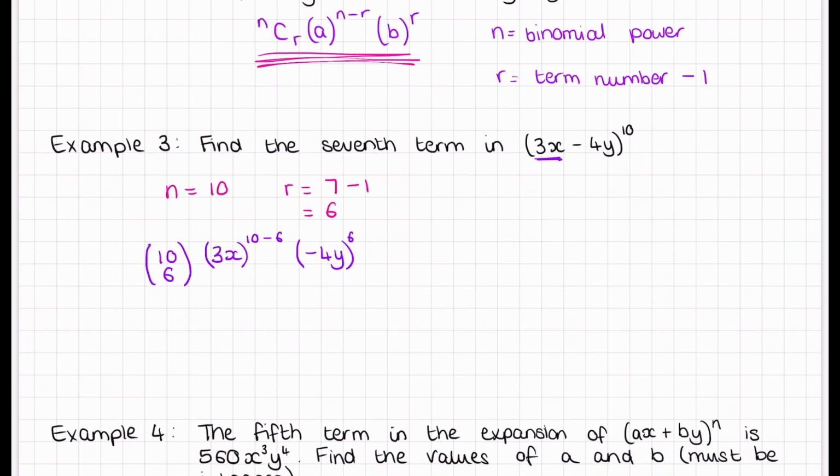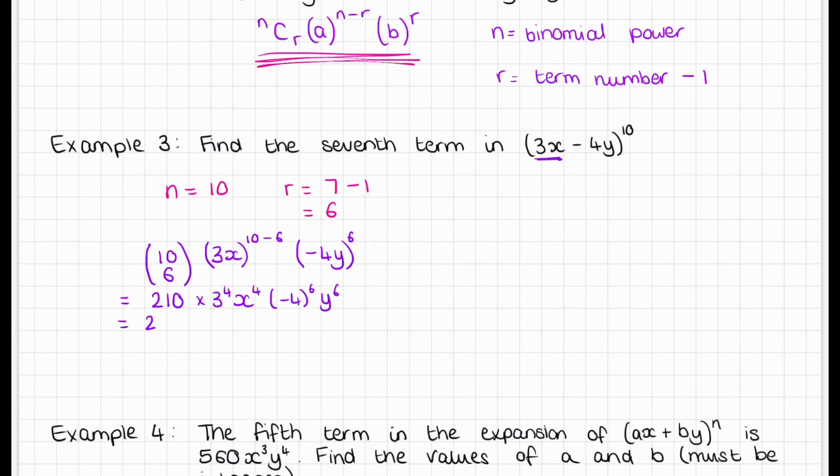And then we can work that out. So 10C6, put that into your calculator, you find that is 210. 10 minus 6 is 4. So we'll have 3 to the power of 4, x to the power of 4, and then we'll have negative 4 to the power of 6 and y to the power of 6. And we can simplify that.